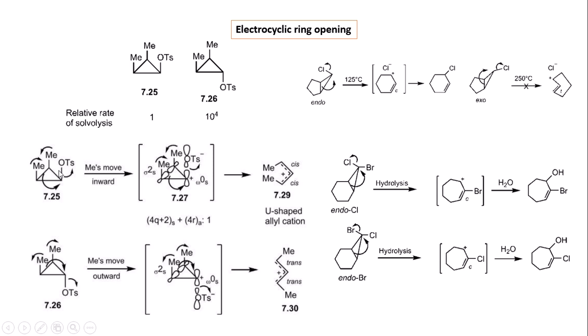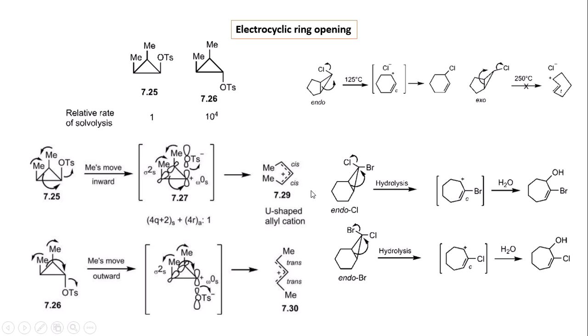Here, if the OTs group and the methyl group are in the cis direction, then the inward direction of the two methyl groups and the outer direction of the OTs group convert to the U shape structure.